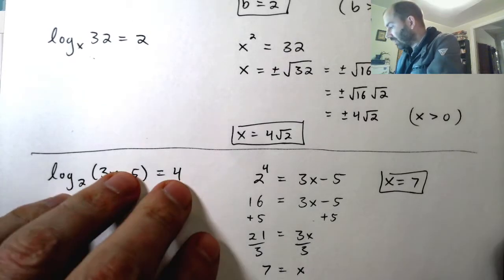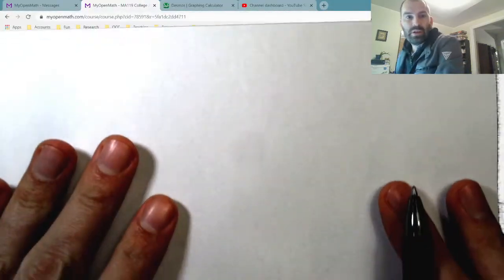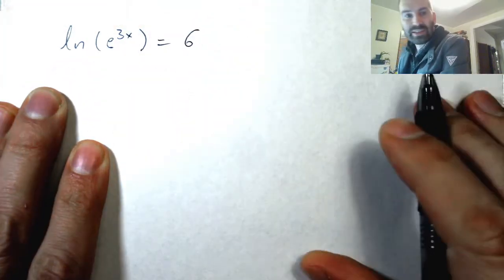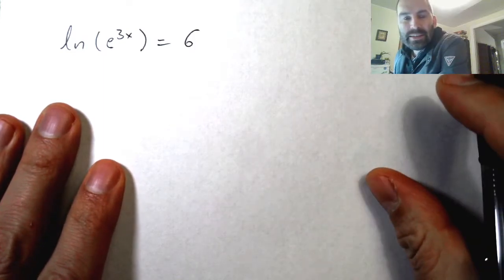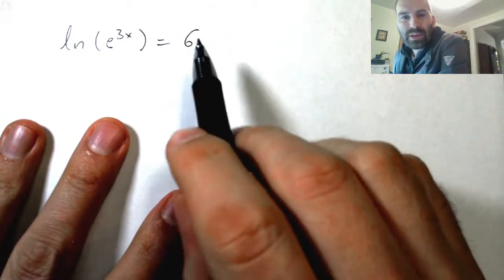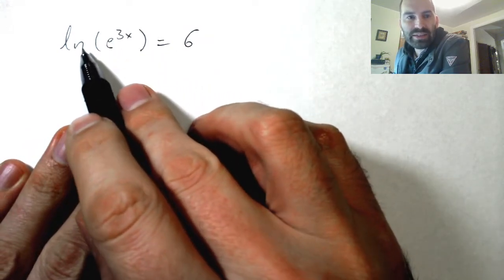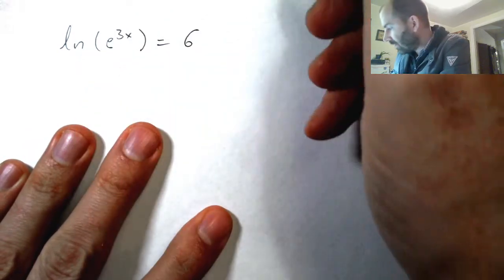All right, let's do one more. Let's do natural log of e to the 3x equals 6. Okay, so 6 is the exponent on the base. The base here is e.